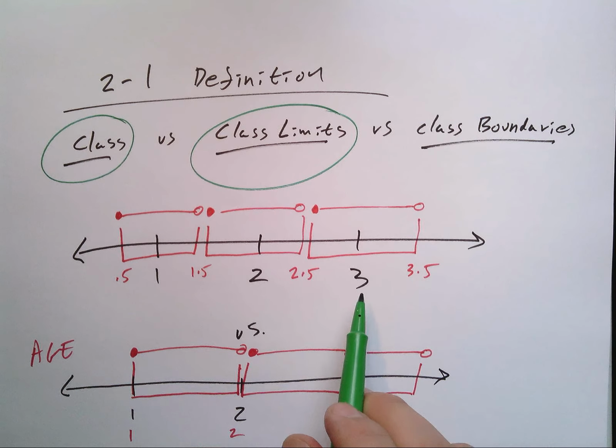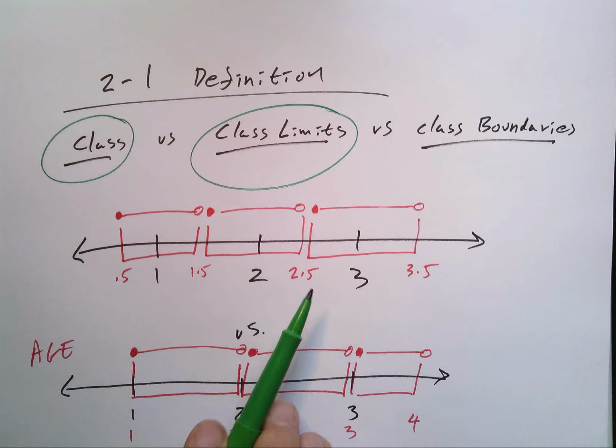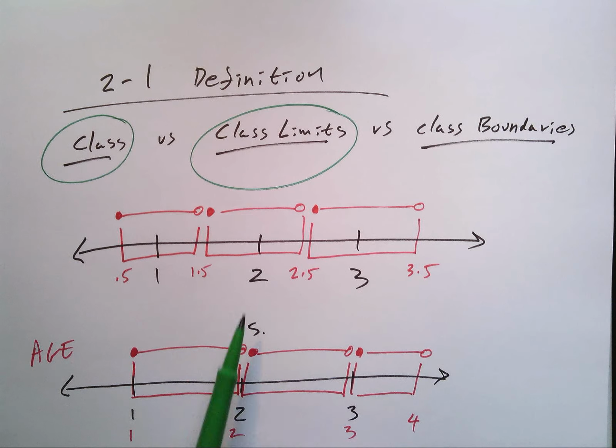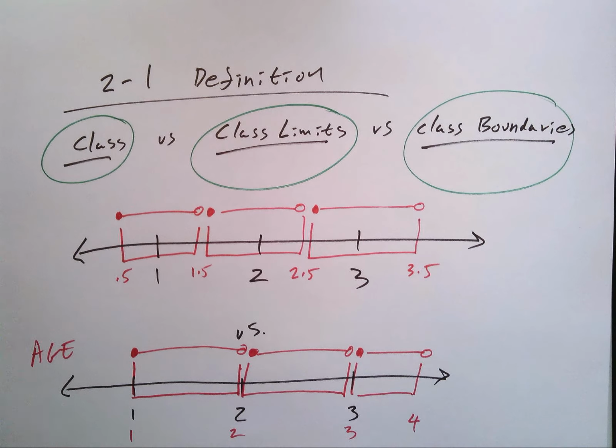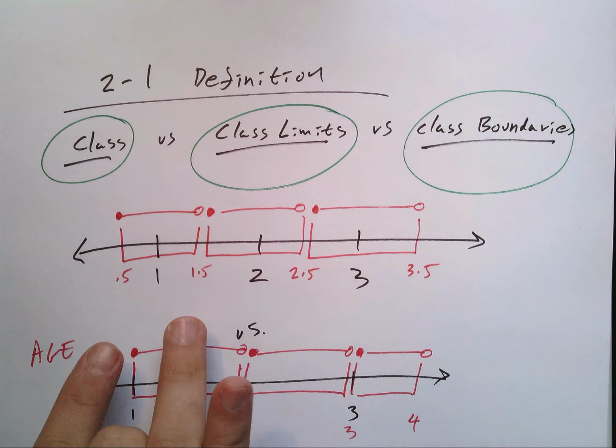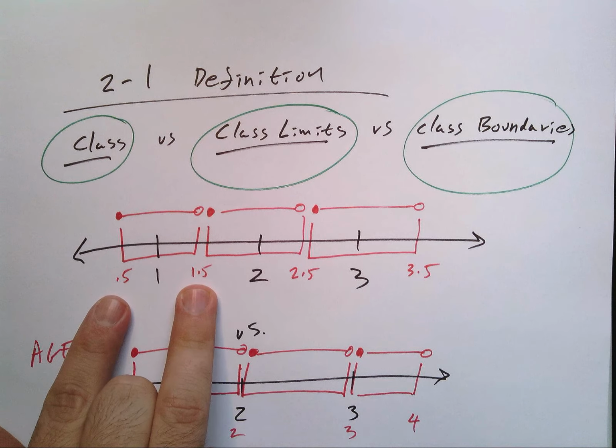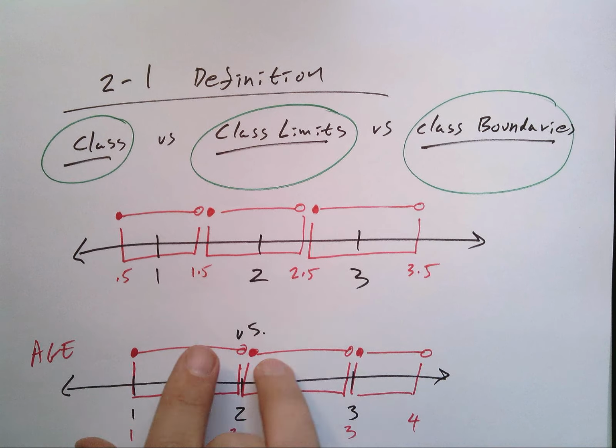And I say it depends if you're talking about standard stuff like height and weight. But if you're talking about other things like age, it's kind of up to you. It won't make a big difference when we graph it. Similarly, the class boundaries are really just when you take your information and you're now being picky about where you're at. Are you in 1 at 1.5 or are you in 2 at 1.5?